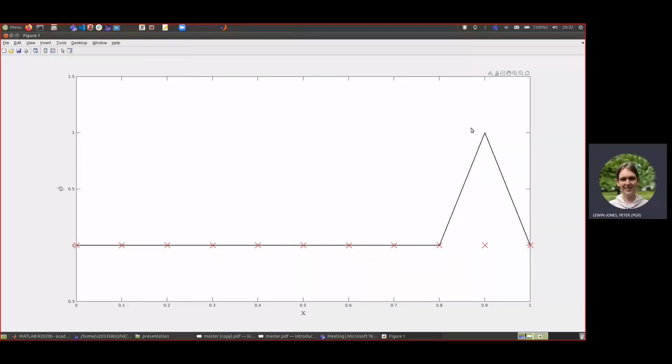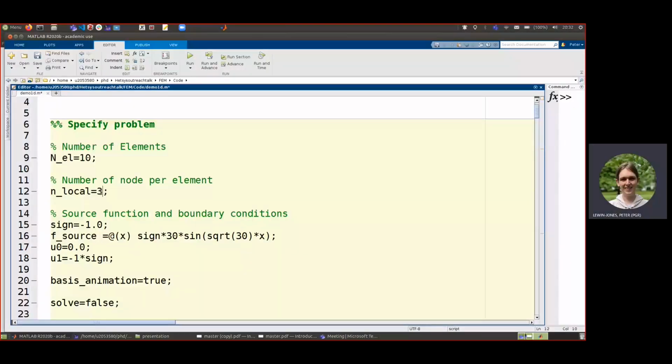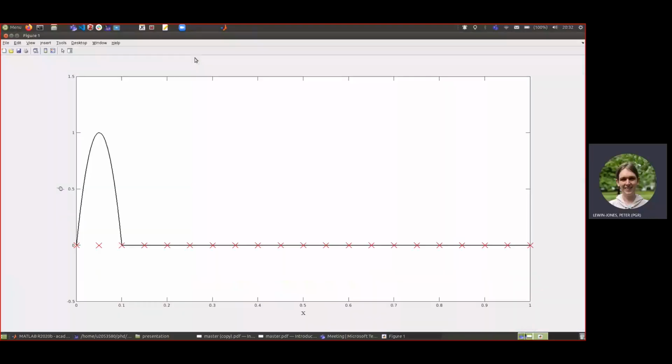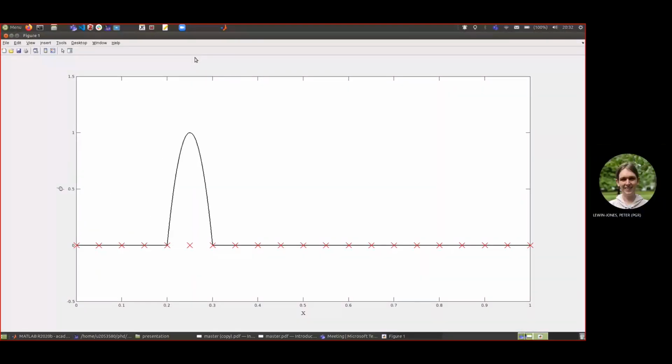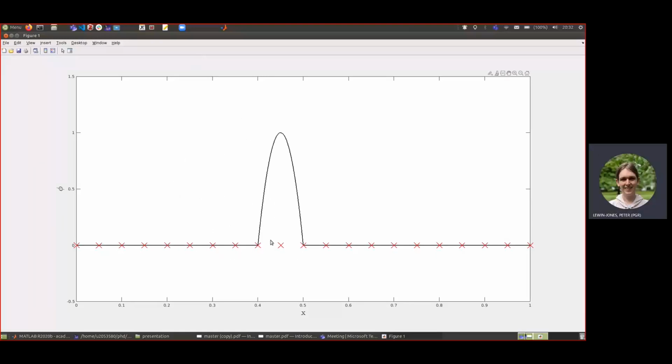It's a piecewise polynomial. So it's just a flat 0 everywhere, and then it goes up to 1 for its node and back down again. We can do the same thing with quadratic elements. Now you can see we have piecewise quadratic polynomials. Sometimes it's on a single element, so it's smooth within the element and then zero everywhere else.